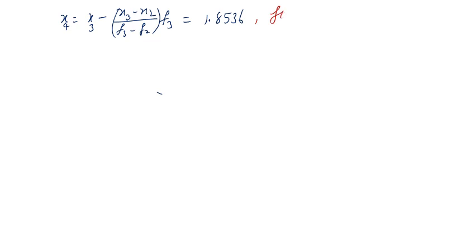So the x4 formula is x3 minus x2 by f3 minus f2 multiplied by f3, and x4 value is 1.8536. Now f of x4, that is f4.